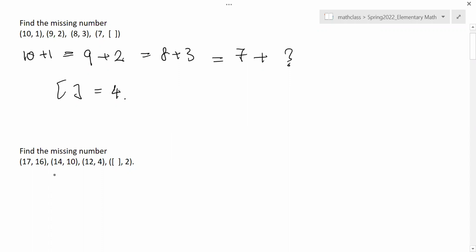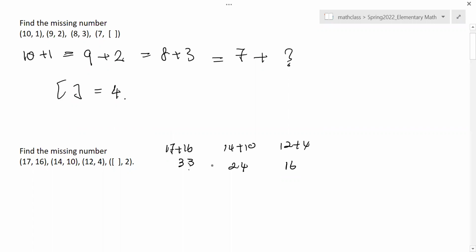You can check that. There are a couple of ways. If we add them together, 17 plus 16 is going to be 33, and 14 plus 10 you get 24, and then 12 plus 4 you get 16.